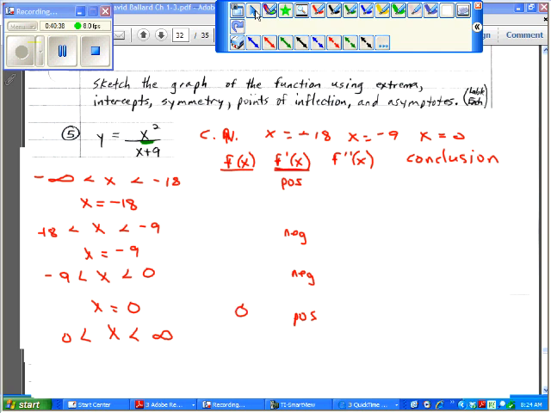We already know that, because there's an x-intercept and y-intercept at the origin 0, 0. If x equal negative 18 or x equal negative 9 is a relative max or min, I'll want to plug into the function and find that value. Okay, we can do that in just a moment.